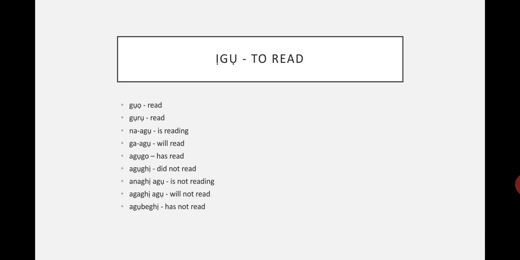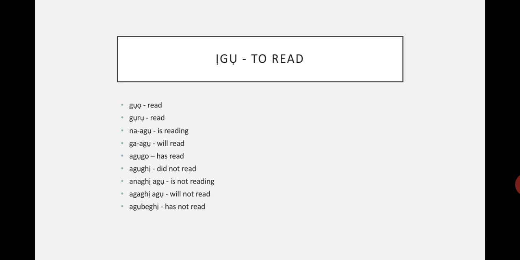Gagu will read. Agugo has read. Agugi did not read. Anagi agu is not reading. Agagi agu will not read. Agubegi has not read.